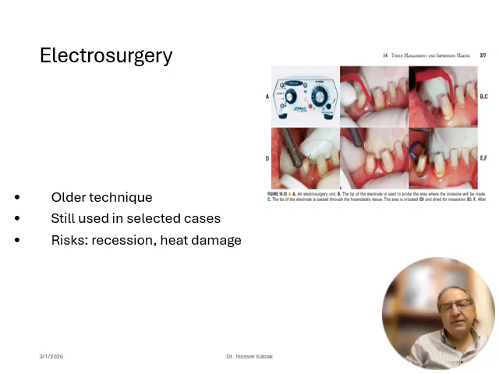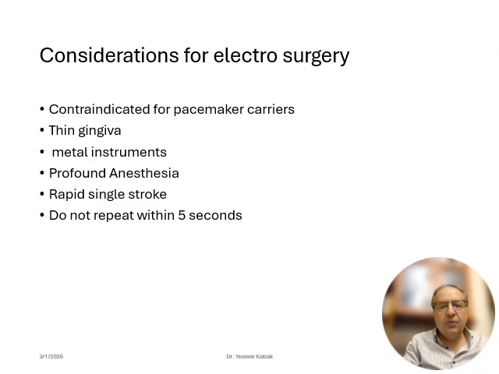Unfortunately, there are risks for using electrosurgery, for example, recession or damage of the gingival tissues by heat. There are a few precautions and considerations that should be taken during electrosurgery.